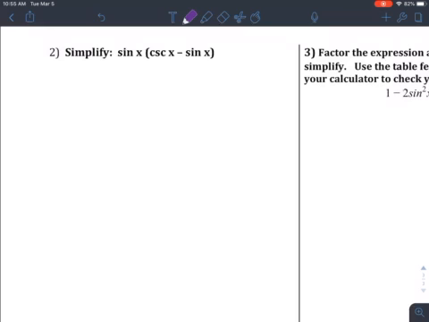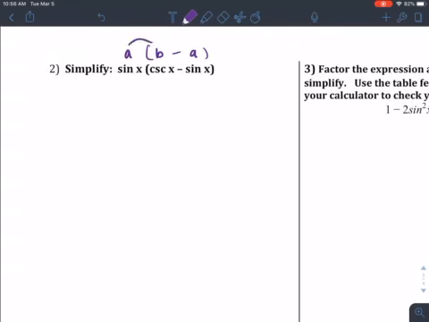Let's replace this with a, b, and then sine and sine is the same, so a. How would we multiply those? Oh yeah, we would totally distribute. So we're going to distribute the sine of x into both of these. So this is the sine of x times the cosecant of x minus the sine squared x.